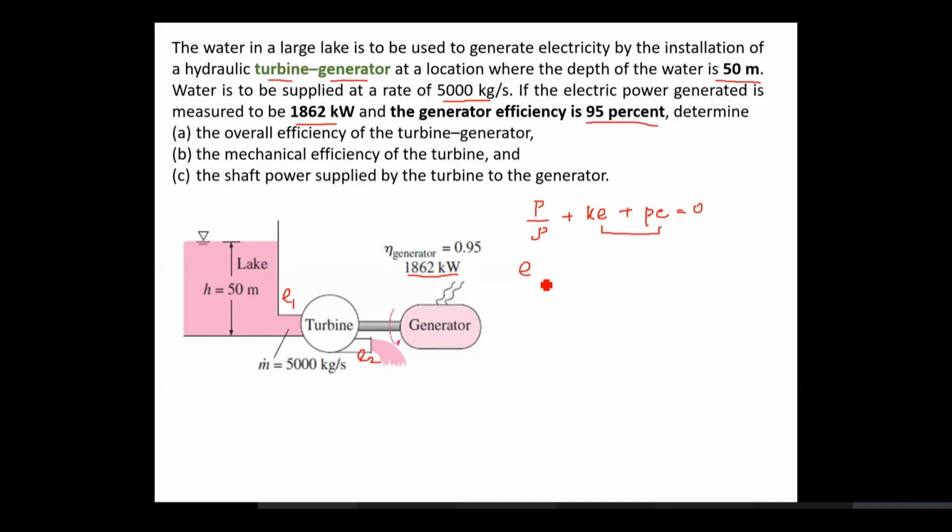It would essentially be E in minus E out, which depends on the flow work, pressure divided by the density, minus the pressure at the exit, which is zero. Is it clear so far? Is the point clear?